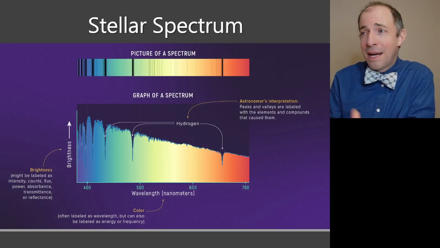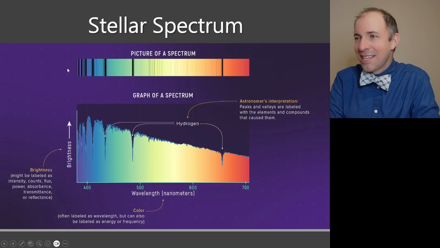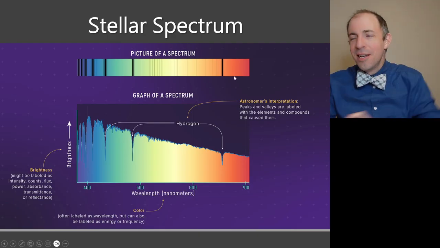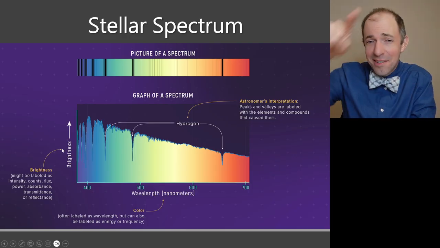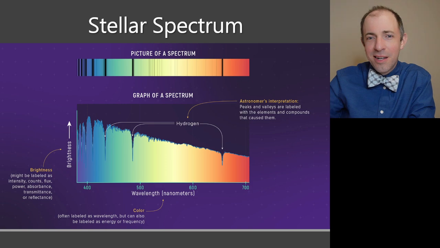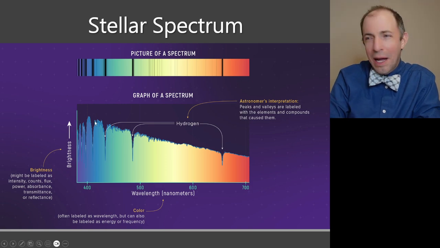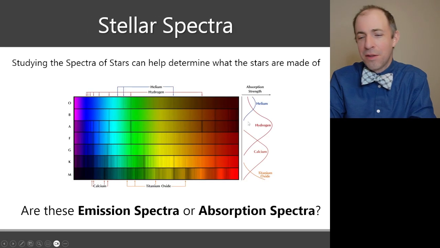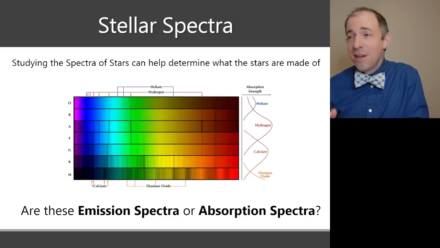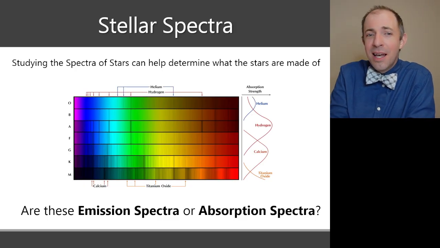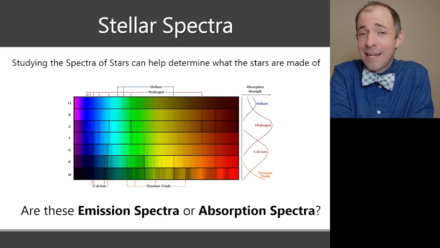Here's another picture of what that might look like. We're used to seeing it in this look, but this stellar spectrum also has that stereotypical look of what the peak wavelength is based on its temperature for the black body radiation. Different stars have different spectra, and studying the spectra of the stars can help us determine what the stars are made out of.